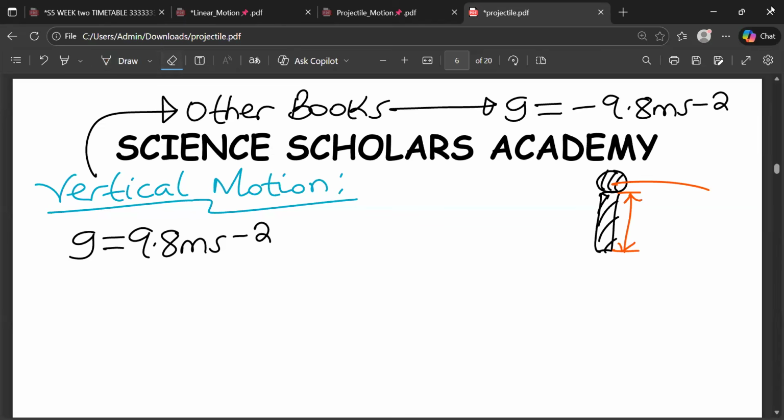I'm talking to those people who usually do research. If you don't do research, don't mind other books as of now. They shouldn't stress you. Because the projection is coming from a point above the ground, they can say this distance is supposed to be a negative. That's what they usually say.